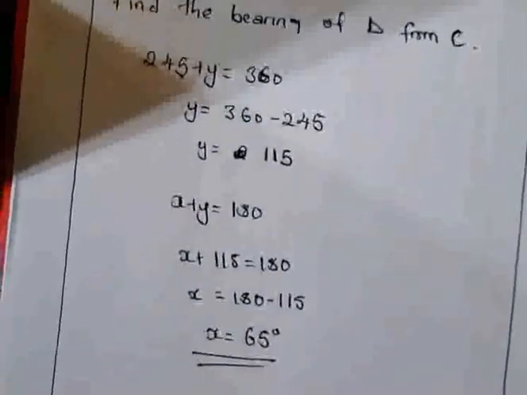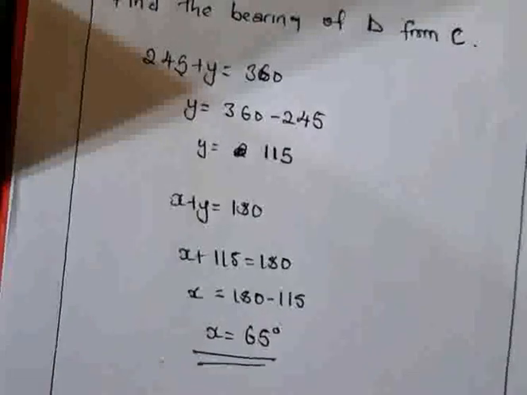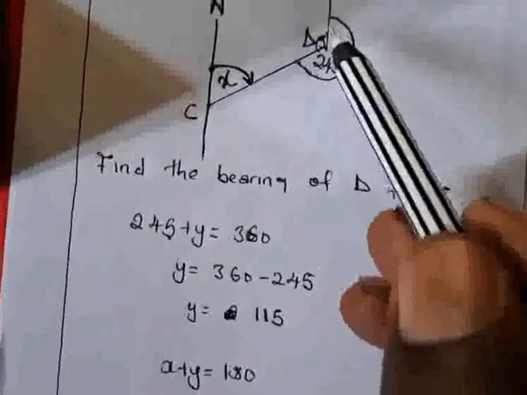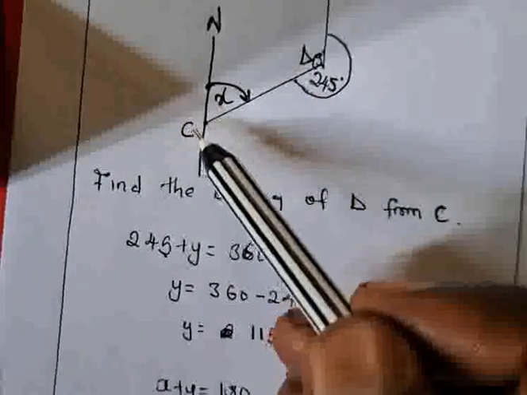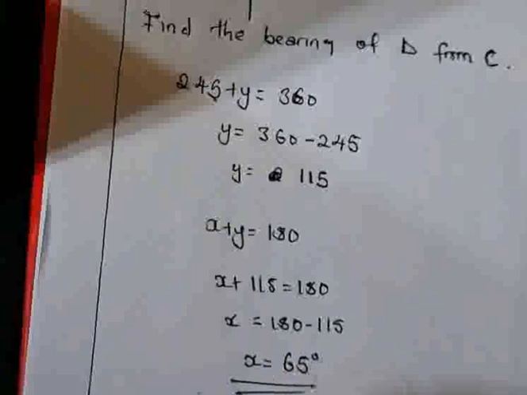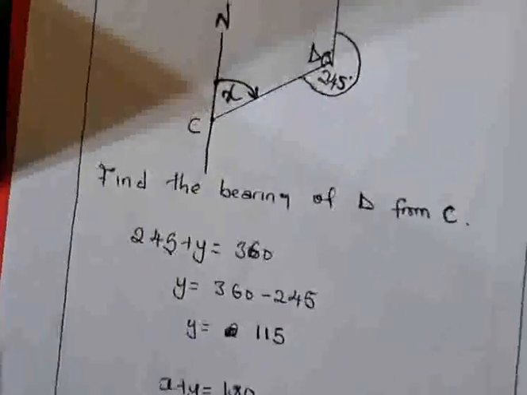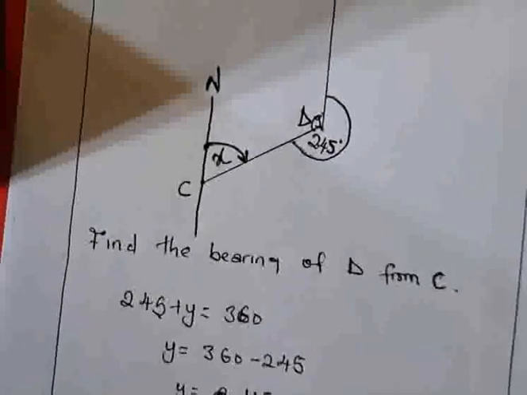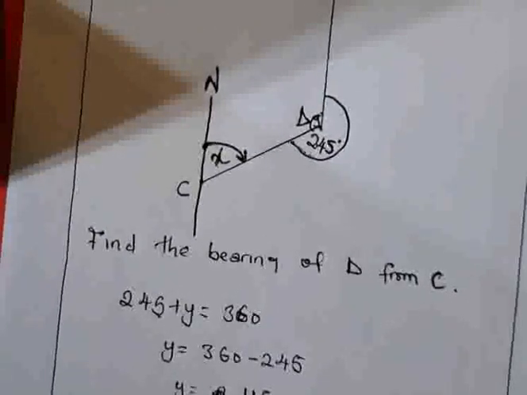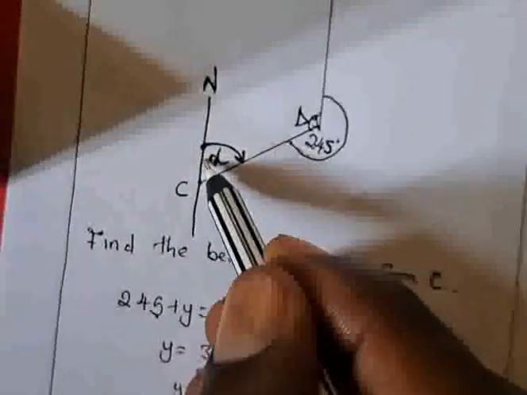So the bearing of D from C is equal to 65.